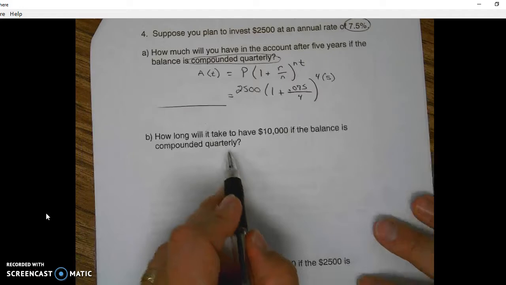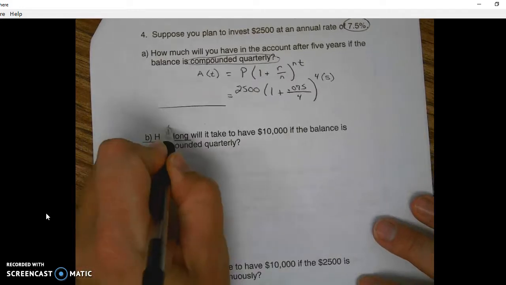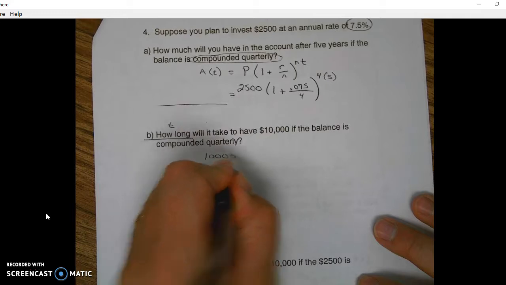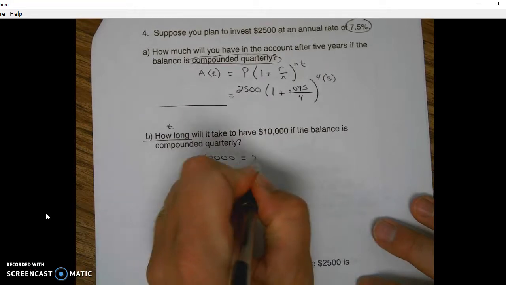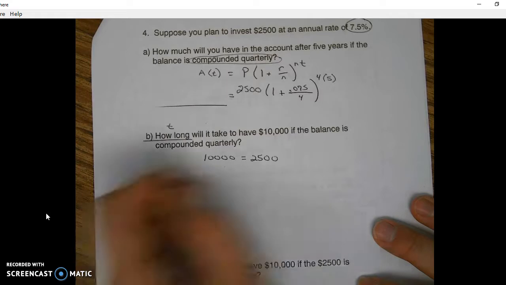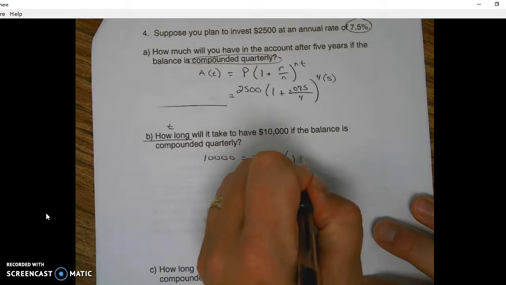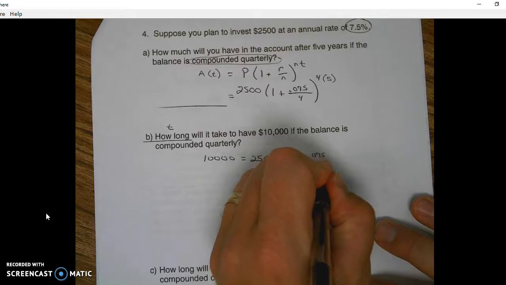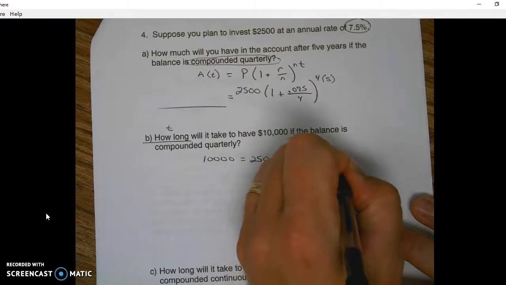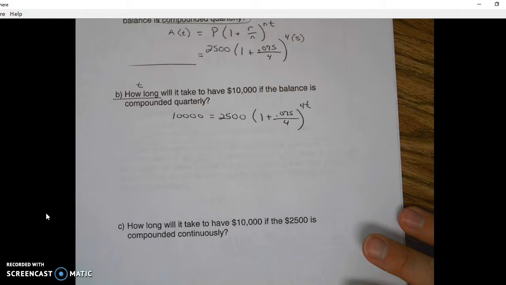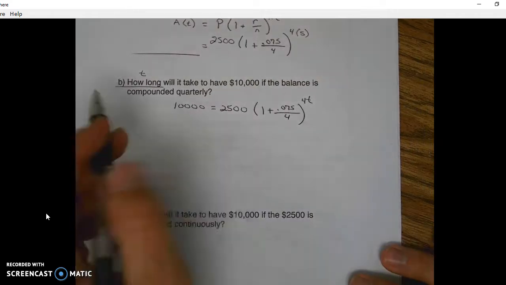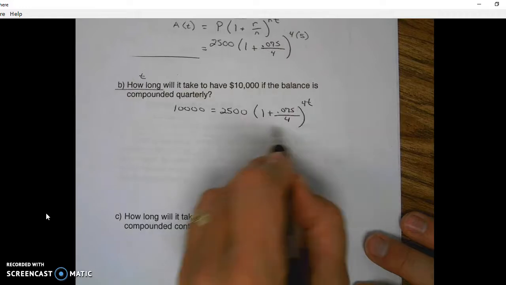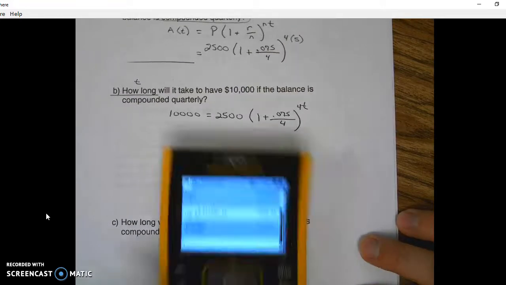How long will it take to have 10,000 if the balance is compounded quarterly? Okay, how long tells us we're looking for time. So we're going to end up with 10,000. We're starting off with 2,500. Rate stays the same. Quarterly. Solving for t, first thing we want to do is simplify this here.